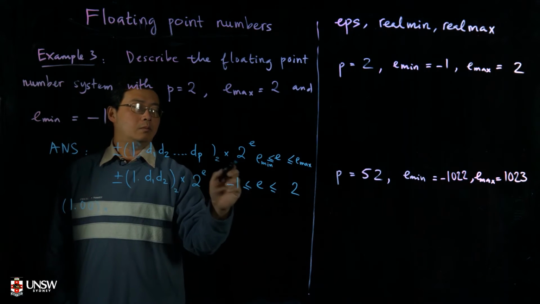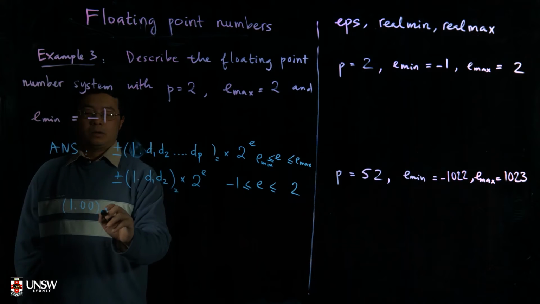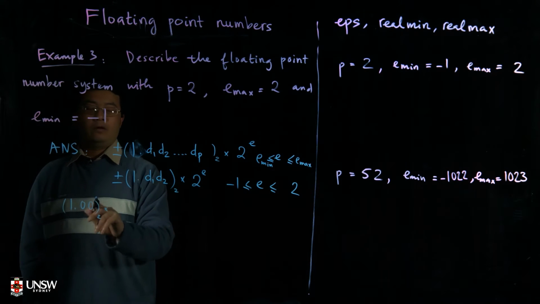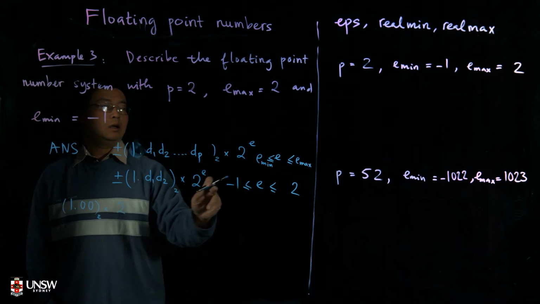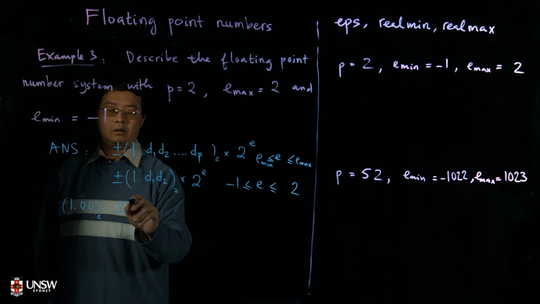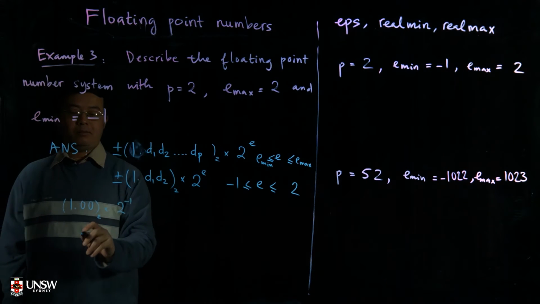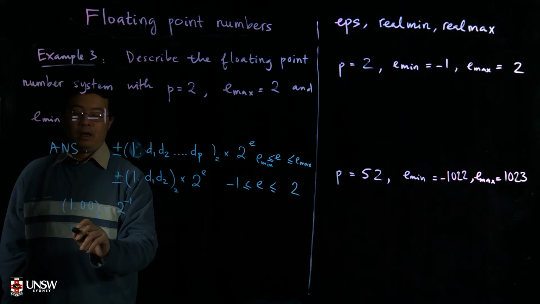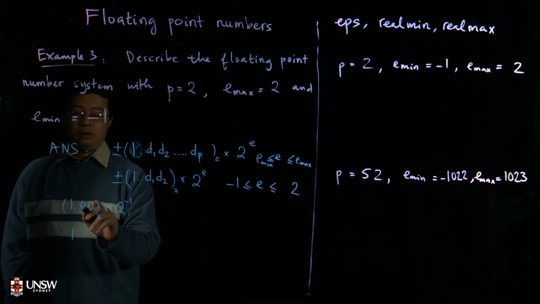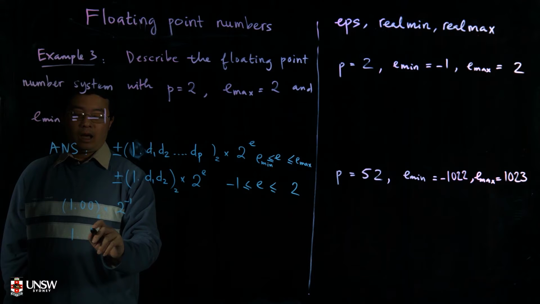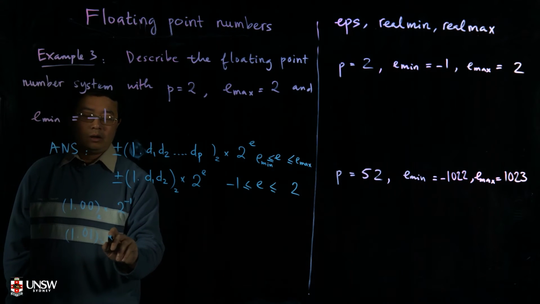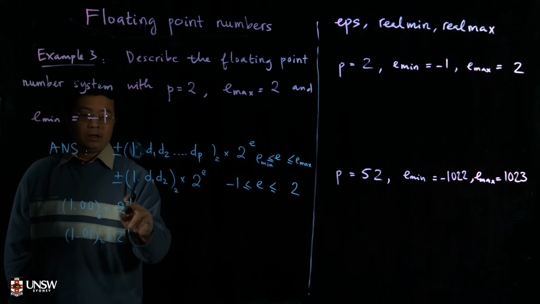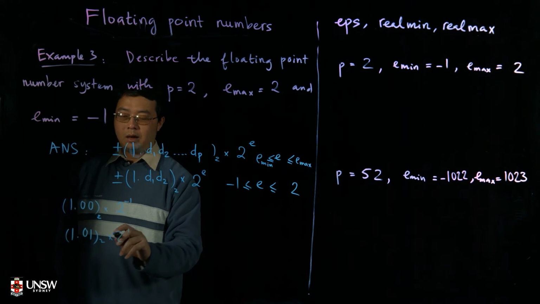You can have 0, 0 as the first possibility, with power 2 to the -1, so this is the smallest number. Then you turn on the last bit, so you have 1.01 and keep the power the same.